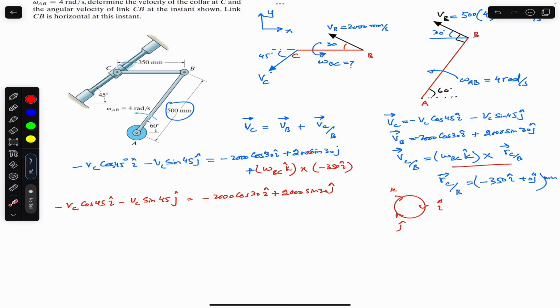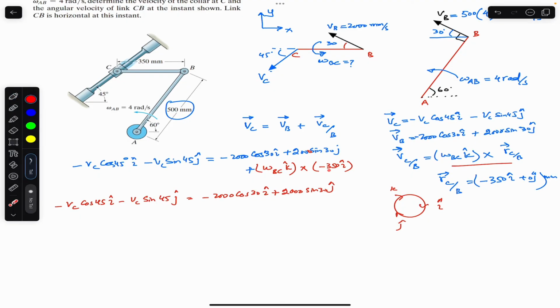So now this will be minus 350 omega bc, and k cross i is j.